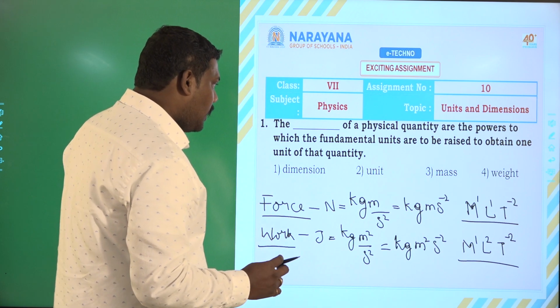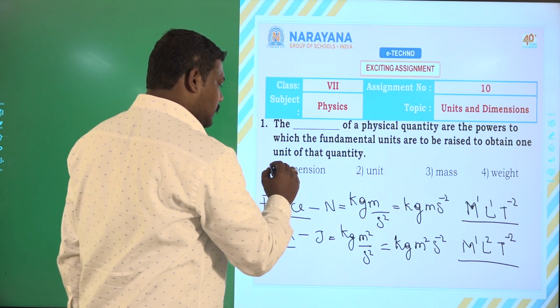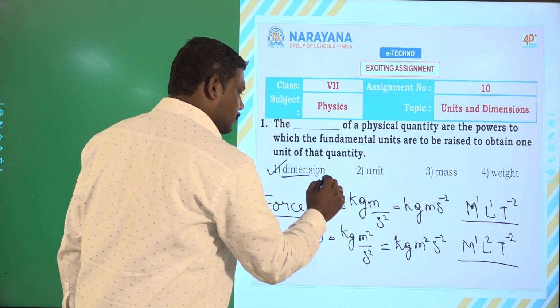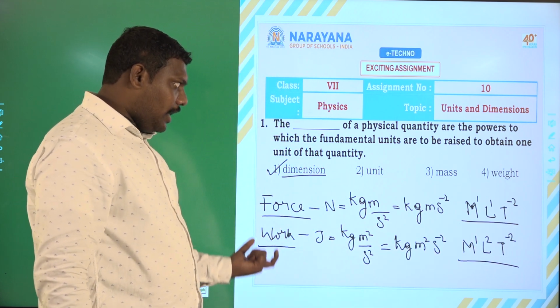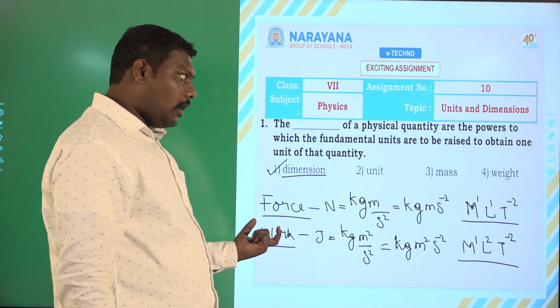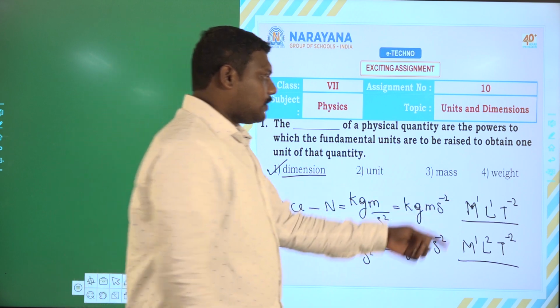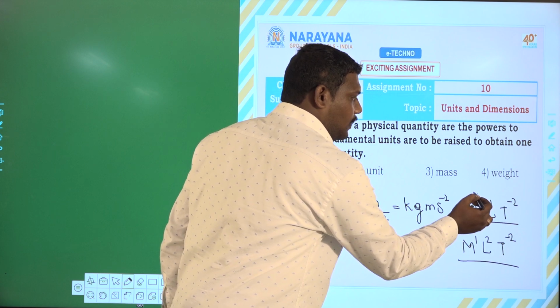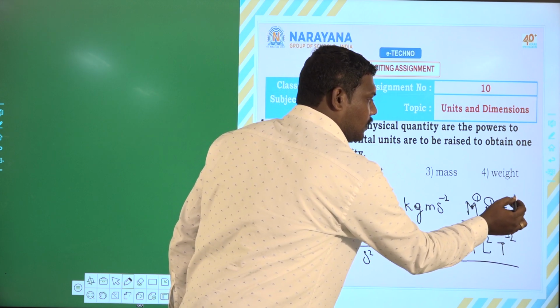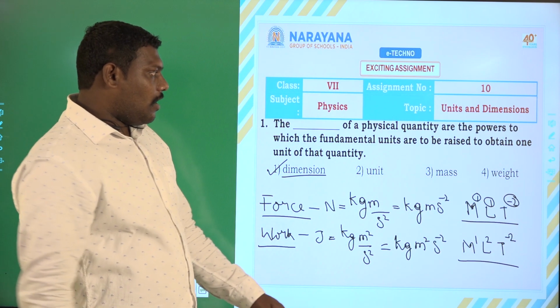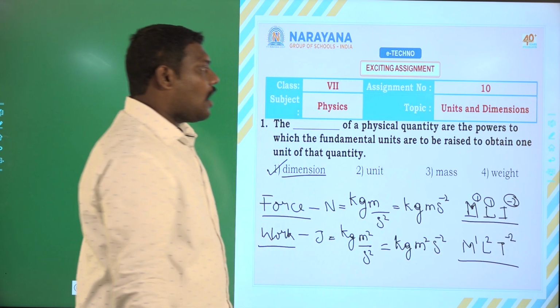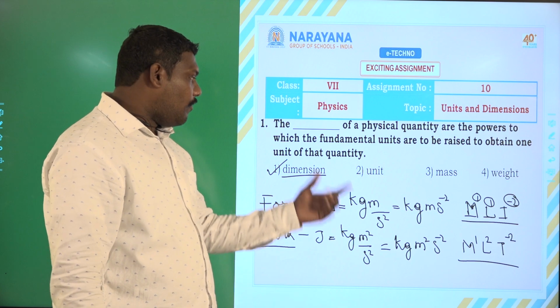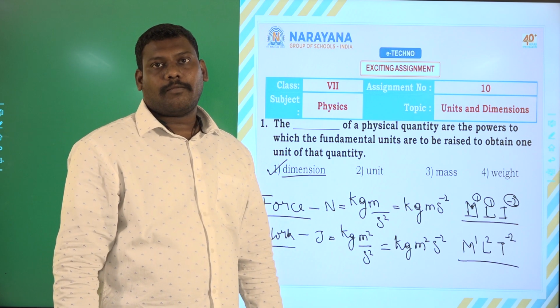So the answer for the question is: the dimensions of a physical quantity are the powers to which the fundamental units are raised to obtain one unit of that physical quantity.